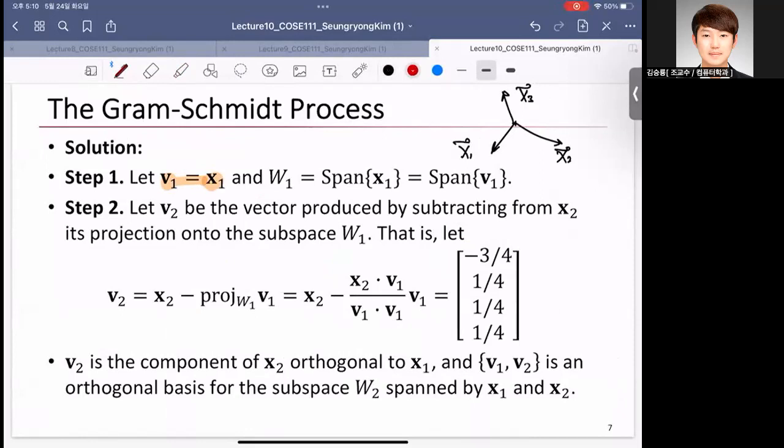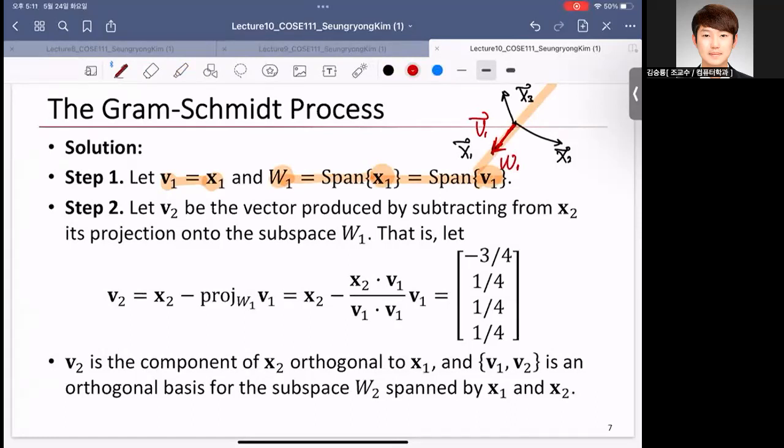First of all, we set v1 as x1 itself. Then in this case, W1 spanned by x1 is just spanned by v1, because x1 is equal to v1. So this W1 space is just the line defined like this. This line is W1.